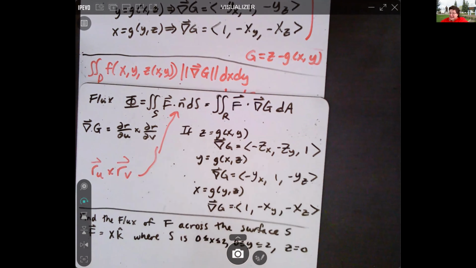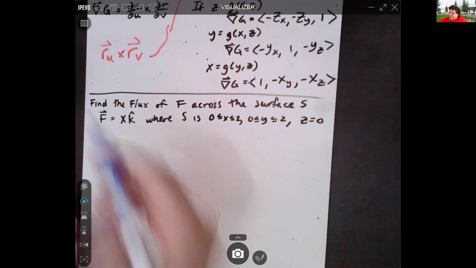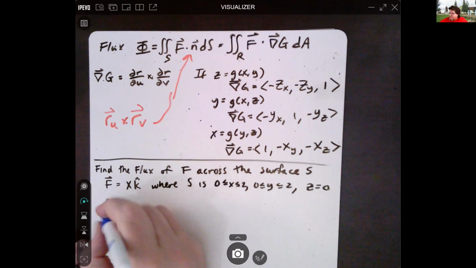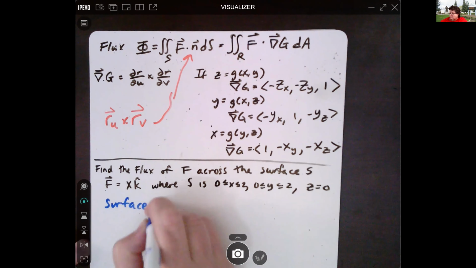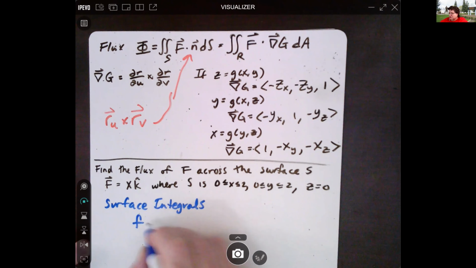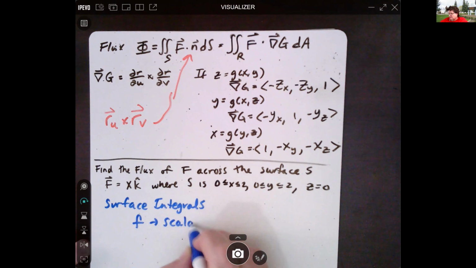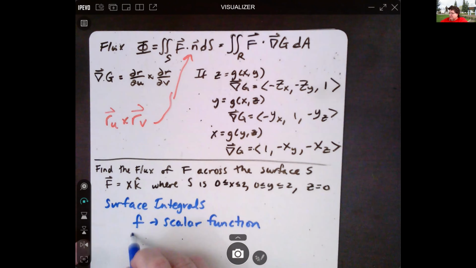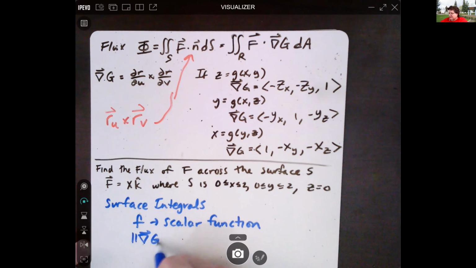Everything is set up the same, except the difference is, for surface integrals, F is a scalar function, and we're doing the magnitude of the gradient of G or the magnitude of RU cross RV.